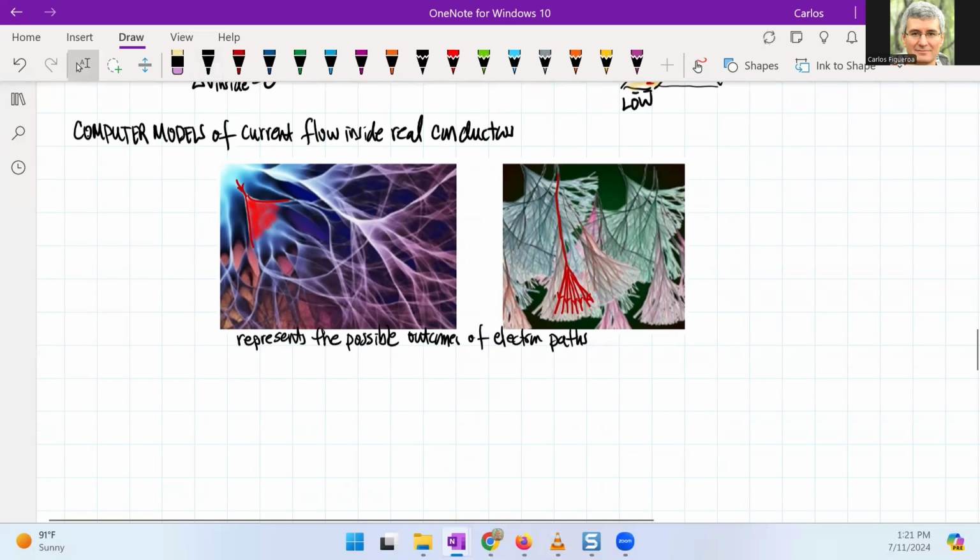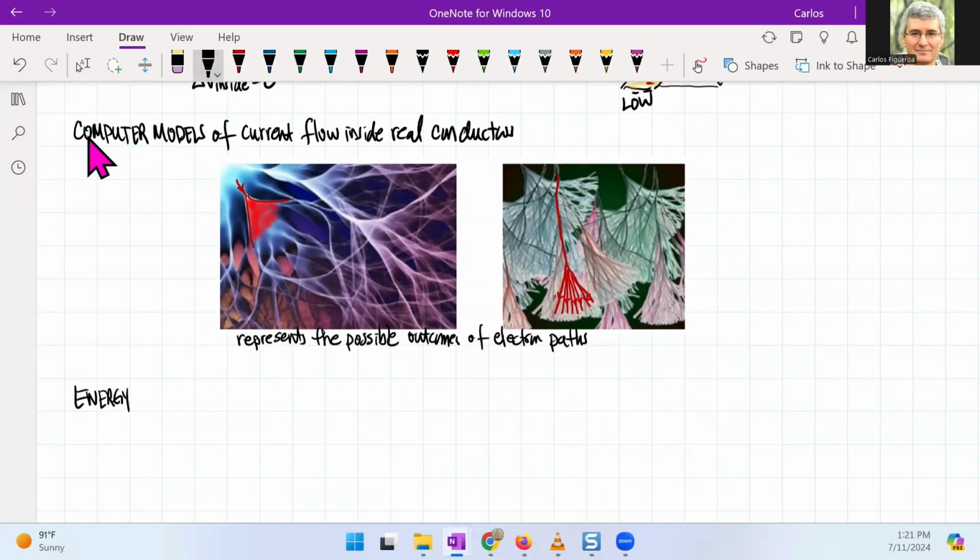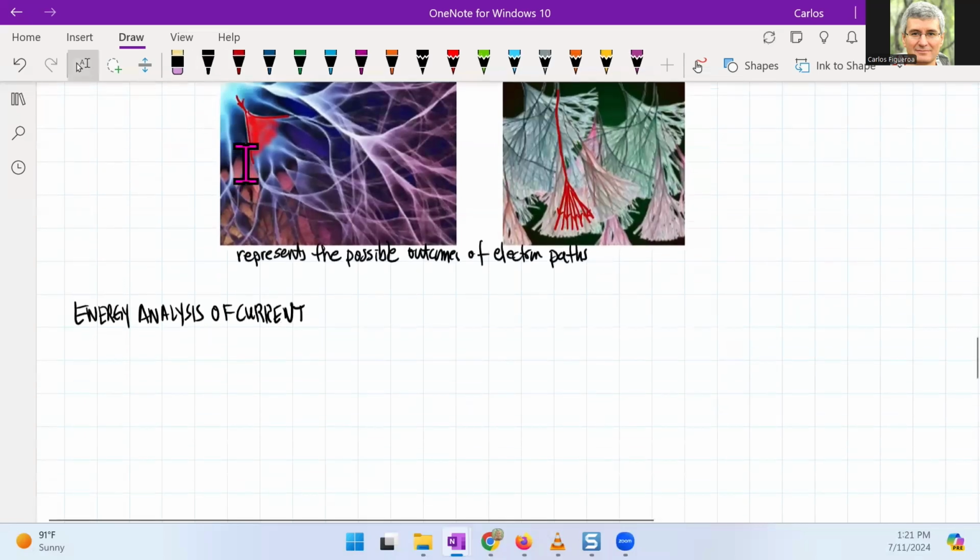Now, we want to talk about one last thing here before we finish off, is that we want to do an energy analysis of current. And this will be the last thing that I do. The electron at the top of the electrical incline is all potential energy.